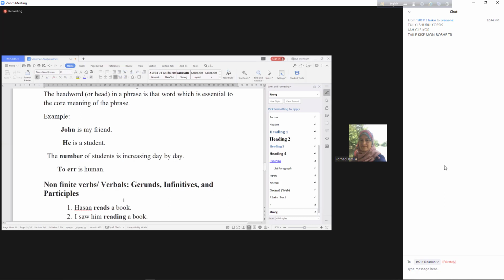Tense is actually entirely time. We indicate the time, whether present, past, or future. So you can say the verb which changes according to time, person, and number of the sentence is called the finite verb.